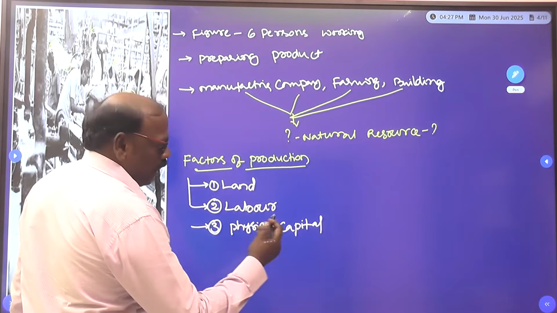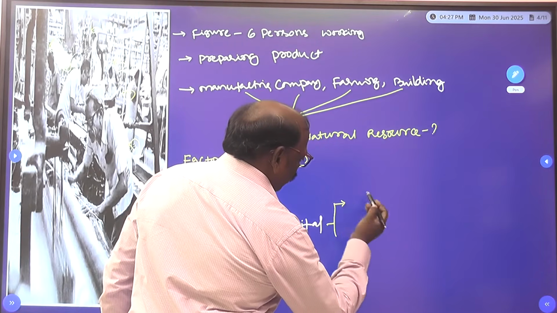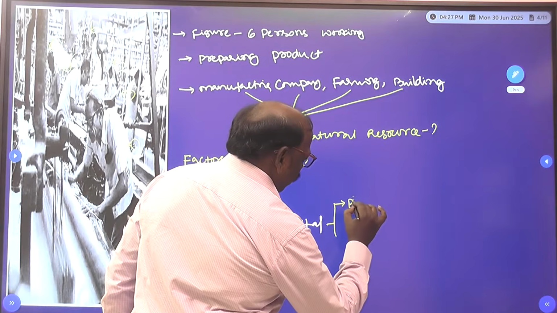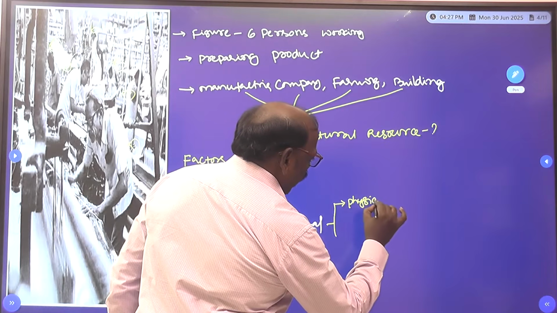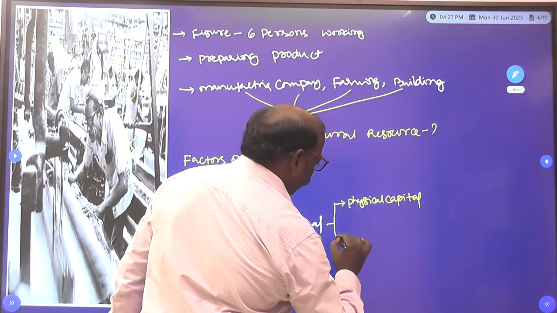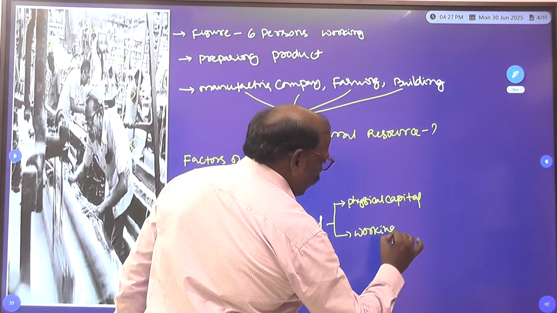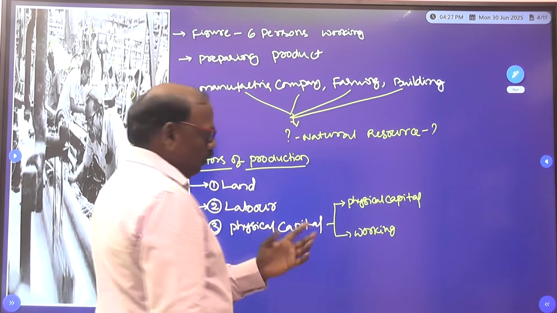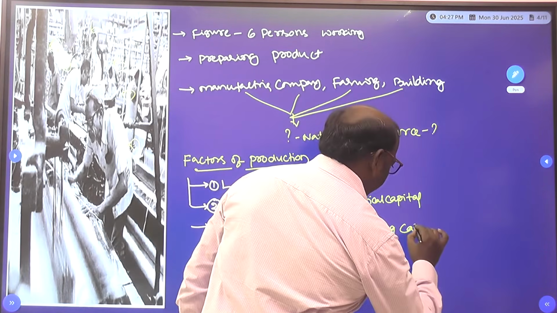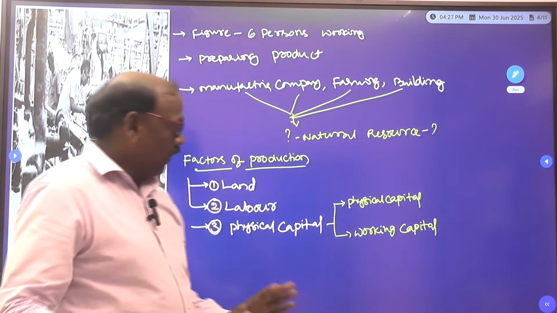Later on, this physical capital has been split into two types of capital. What are they? Physical capital and working capital. I hope you guys are following me. Don't get bored.